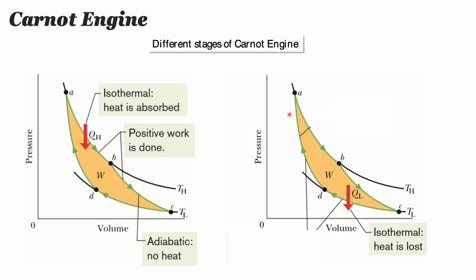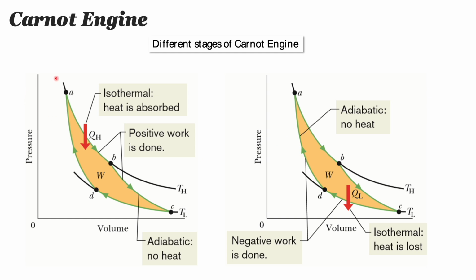Since the gas is being compressed again and the volume is decreased, the work done during this process should also be negative. So the work done in moving from C to D and D to A is negative, and since there is no transfer of heat in going from D to A, it should be an adiabatic process.